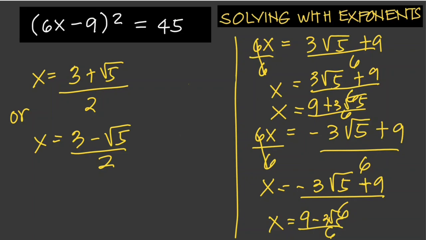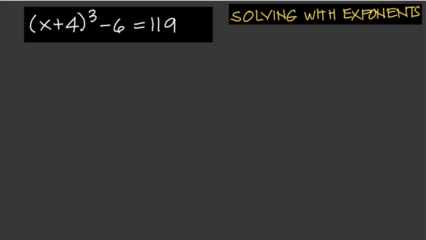Okay, so when solving with exponents, it is important to first isolate the part with the exponent before taking any roots. Say for example this one. We're given x plus 4 cubed minus 6 equals 119. So we need to isolate this part here, separating the negative 6 from the exponent part.